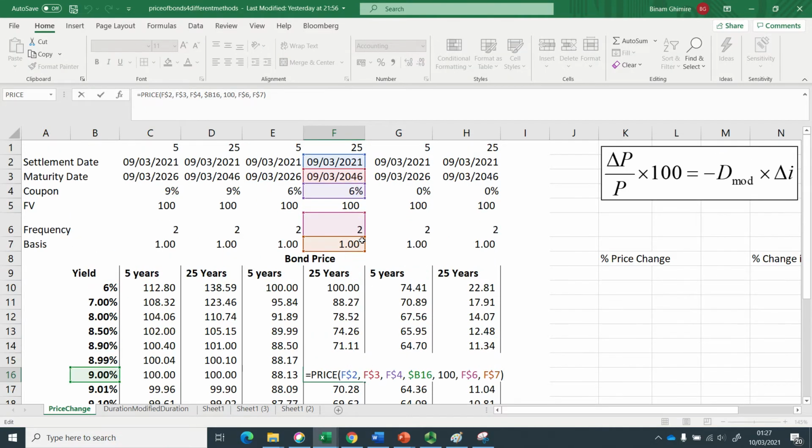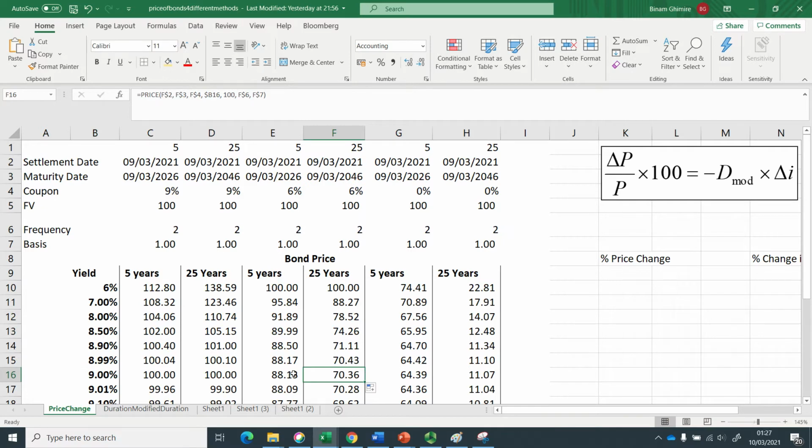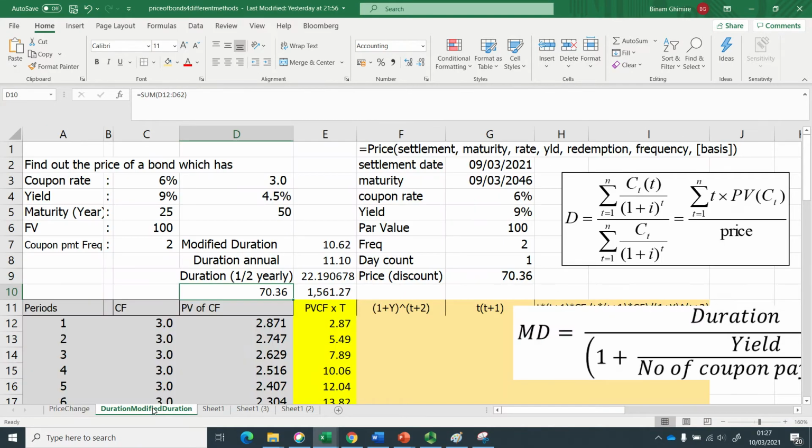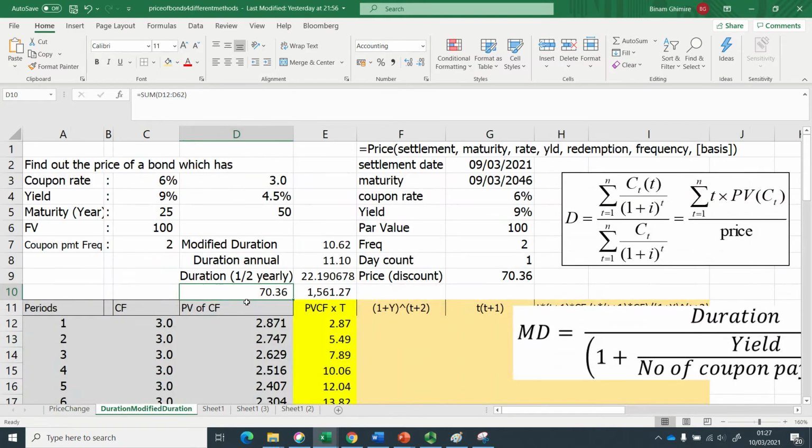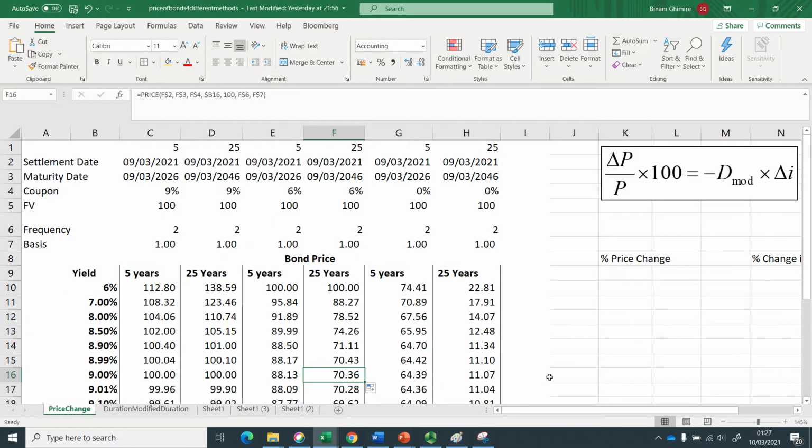That's simple, and we discussed it in my previous video, so I don't want to talk more about the computation of the price of the bond. But what I want to talk about now is the duration that we computed, this time using Microsoft Excel.